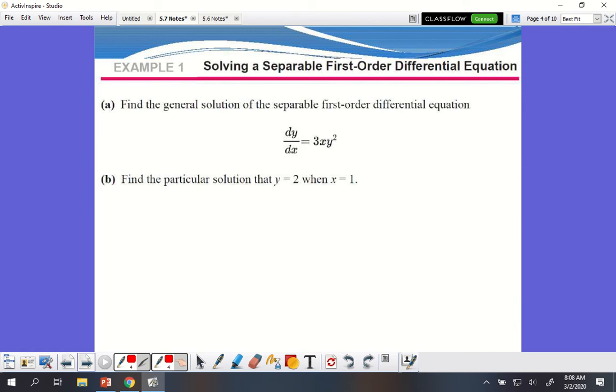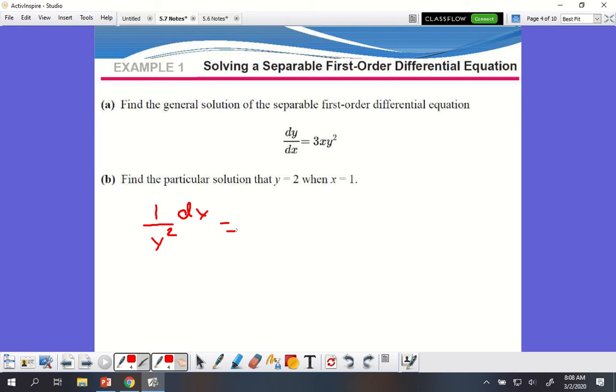So I'm going to start by dividing both sides by y squared. So it's going to be dy on the left, right? But it's going to be 1 over y squared. I like writing it like this because it makes it a little bit easier to notice where things are.